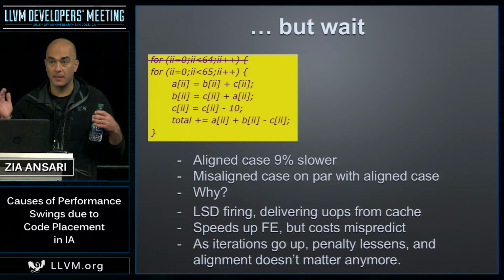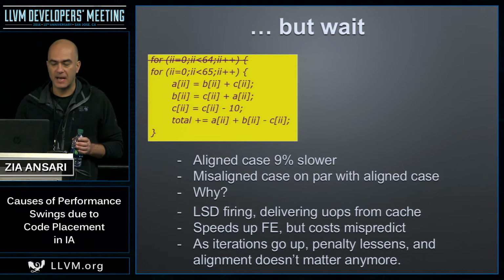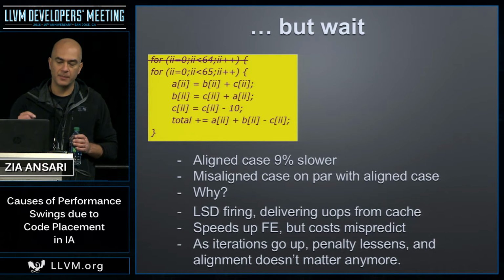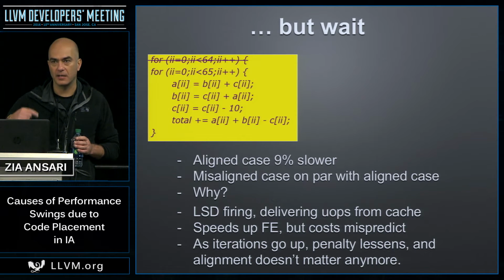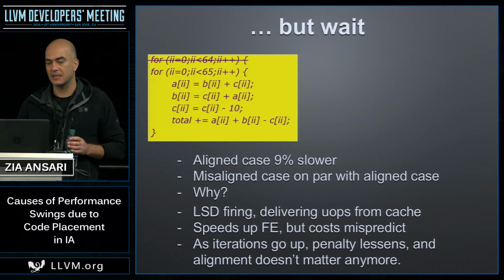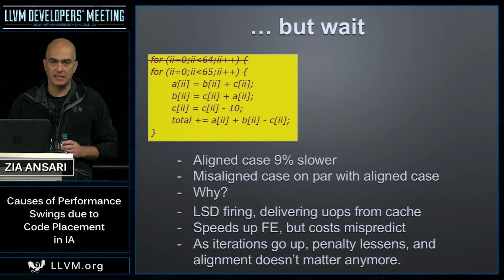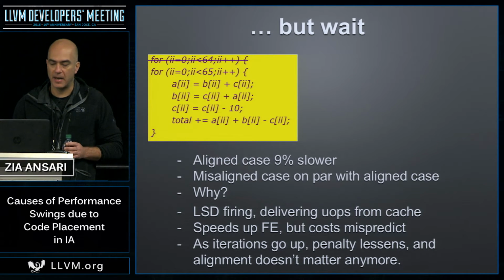We're just feeding UOPs. And the faster case slowed down a little bit because we're right at the threshold, and we're paying the penalty of a mispredict at the final iteration of the loop. So the idea is as we get more iterations in the loop, this will kind of amortize itself and be an overall power and performance savings.